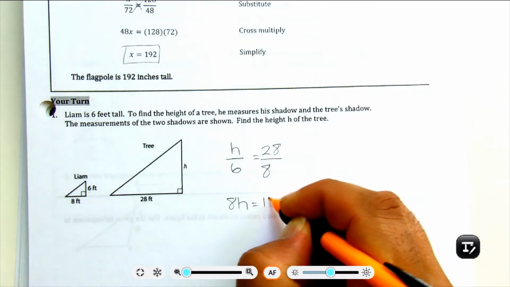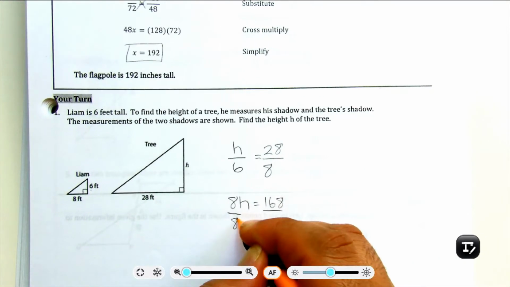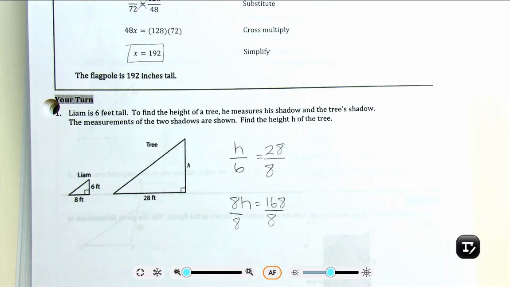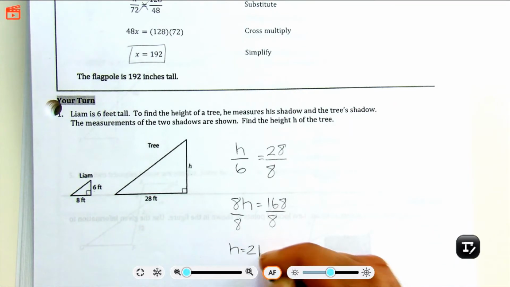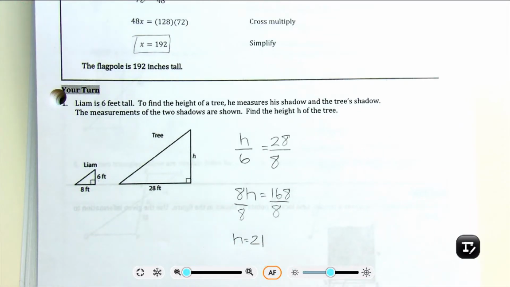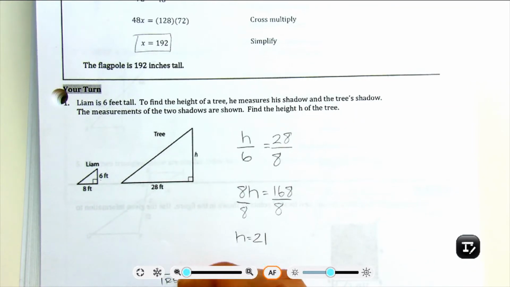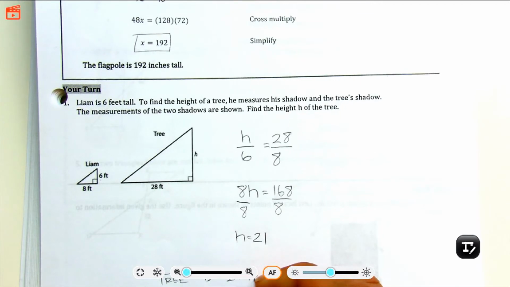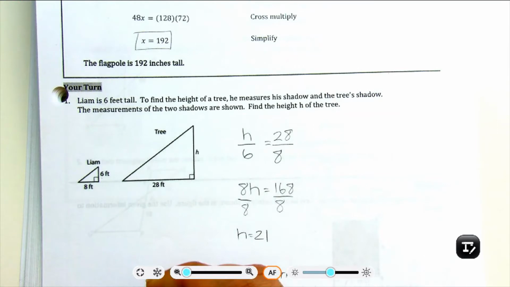Then I would divide both sides by 8. And 168 divided by 8 is 21. So the tree is 21 feet tall. And that would be your answer.